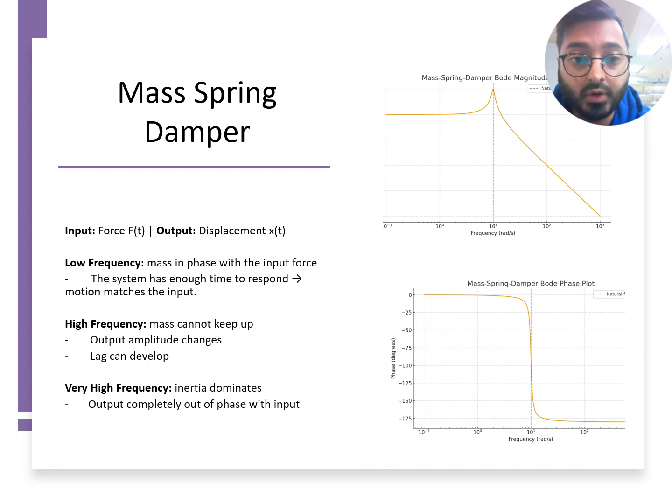But as we increase the frequency, the mass will have a difficult time keeping up until it will most likely start to lag behind the input, and its amplitude will change a little bit.